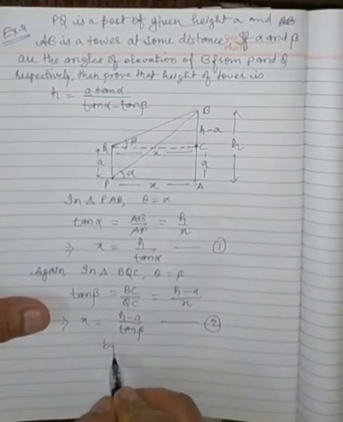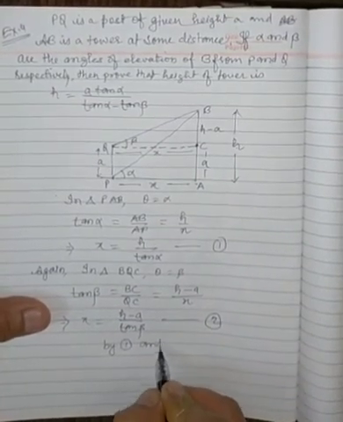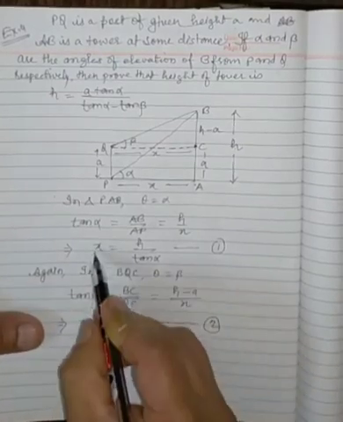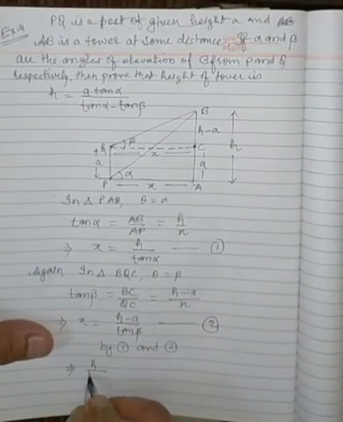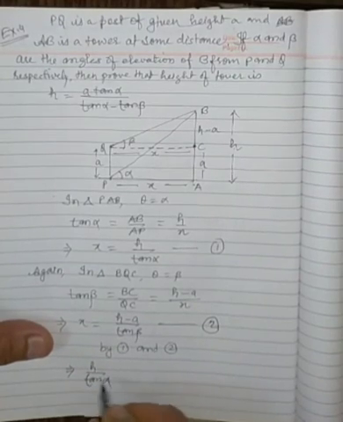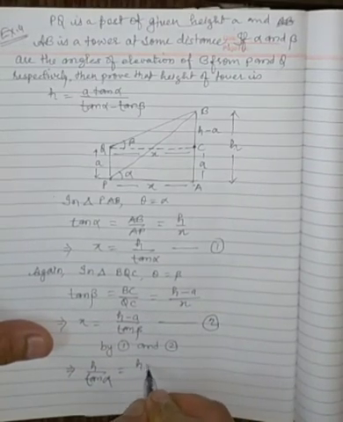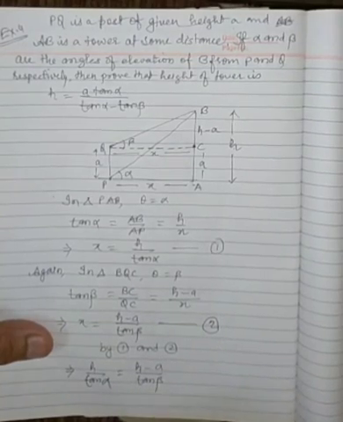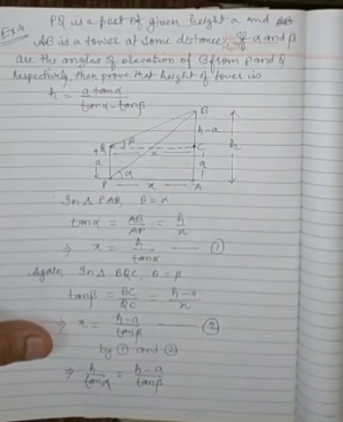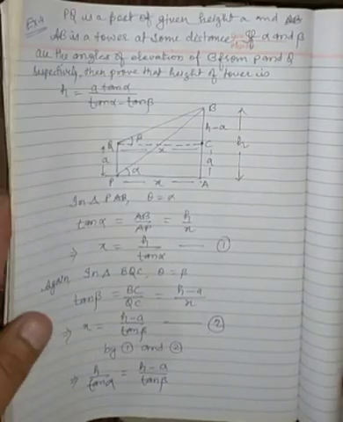Therefore, by 1 and 2, as you can see, both are representing x, so we can equate them. h upon tan alpha is equal to h minus a upon tan beta. So let us cross multiply it now.